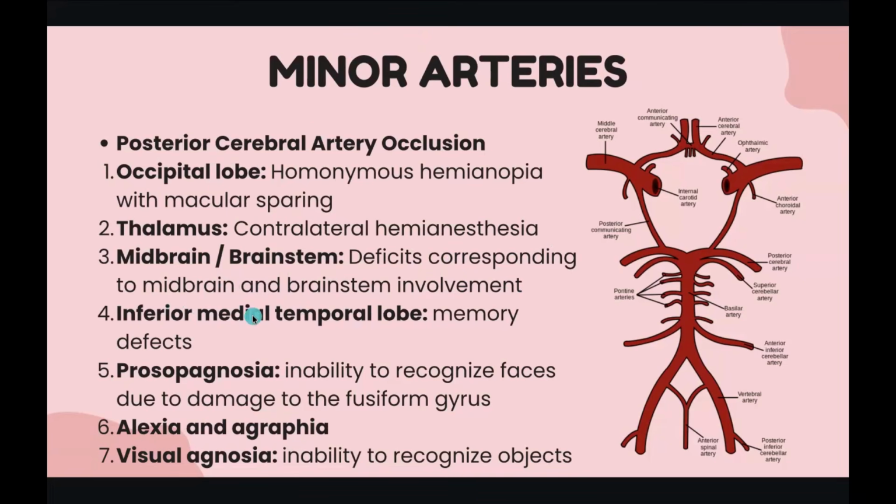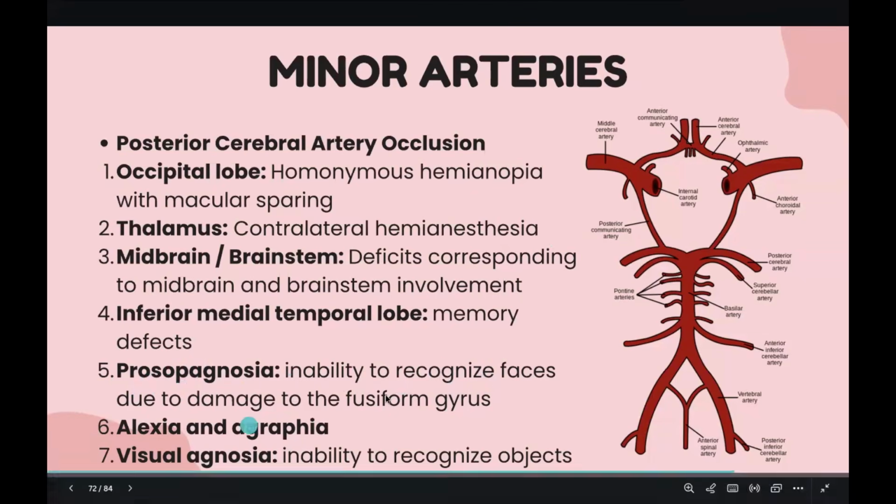For the inferior medial temporal lobe, it causes memory defects. It also causes prosopagnosia, which is inability to recognize faces due to damage of the fusiform gyrus, and alexia and agraphia, which is inability to read or write, and visual agnosia, which is inability to recognize objects.